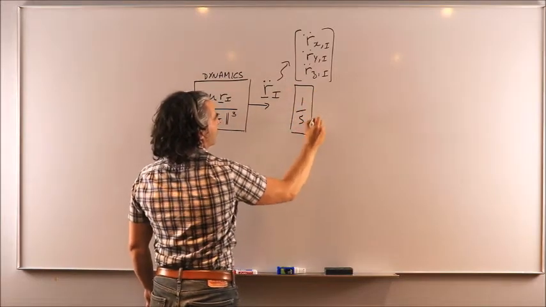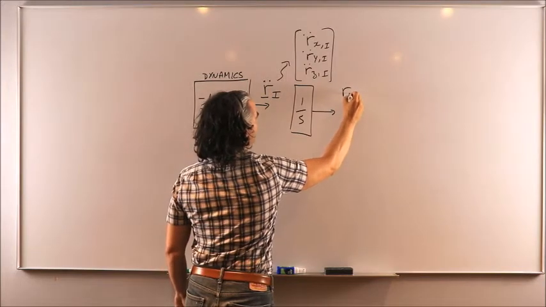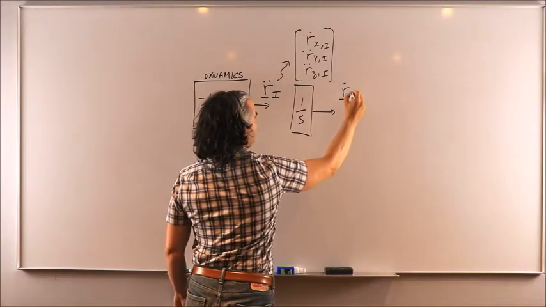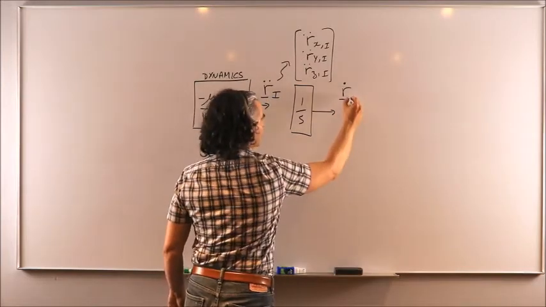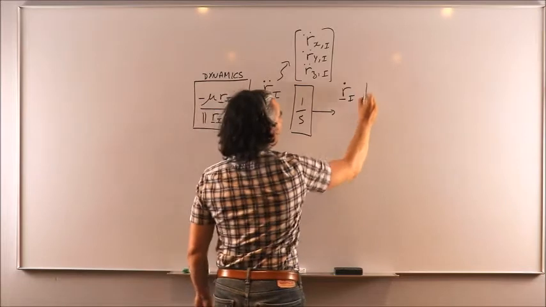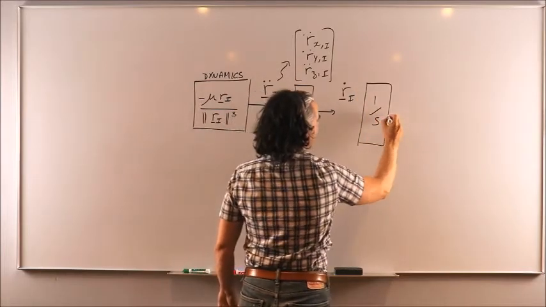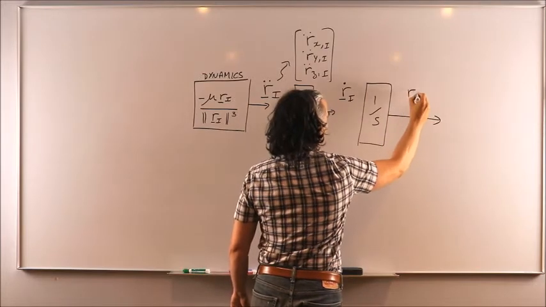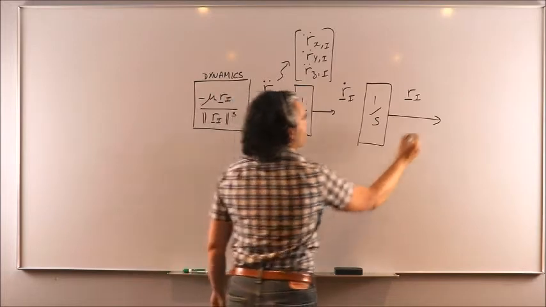From there, we will integrate once to get the x, y, z components of the velocity vector in the inertial reference frame, which we can also integrate again. 1 over s is your integrator block to get the position x, y, z in some inertial reference frame.